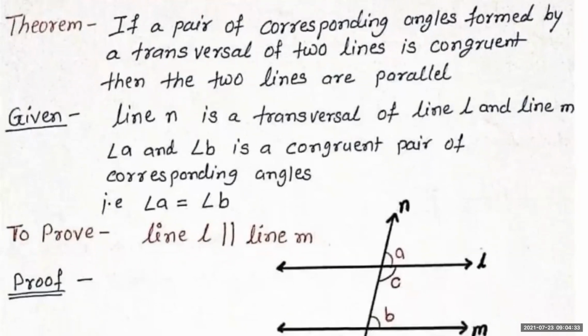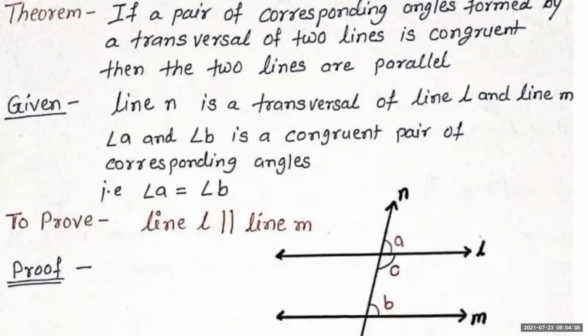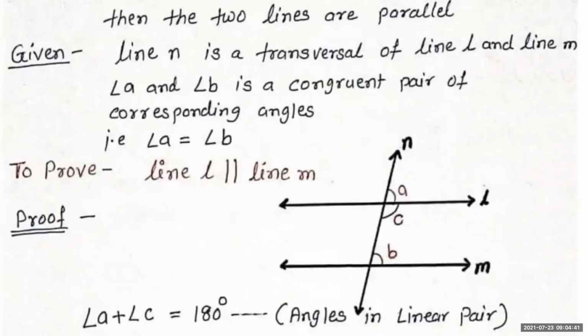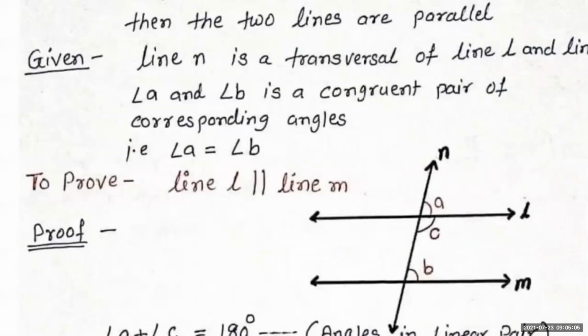Okay. Now the corresponding angles formed are congruent, that is also given. So which are the corresponding angles formed? It is a congruent pair of corresponding angles, and as those are congruent, their measurements are equal.